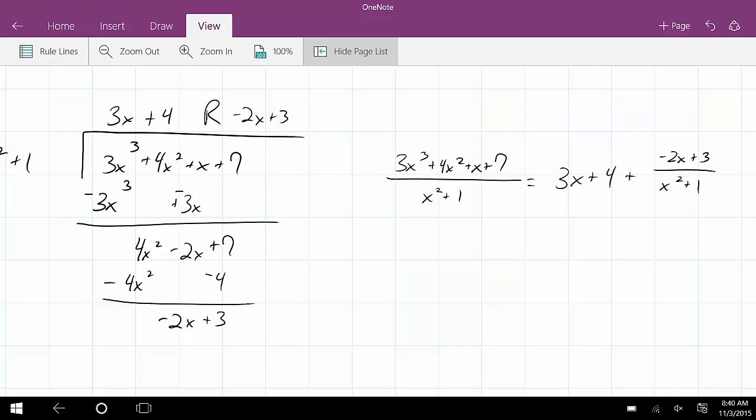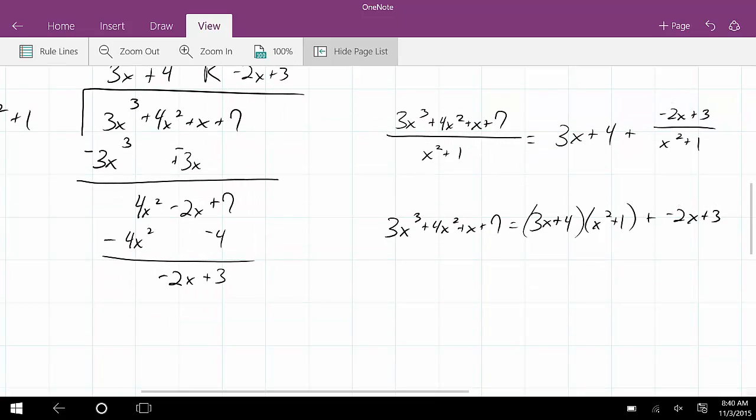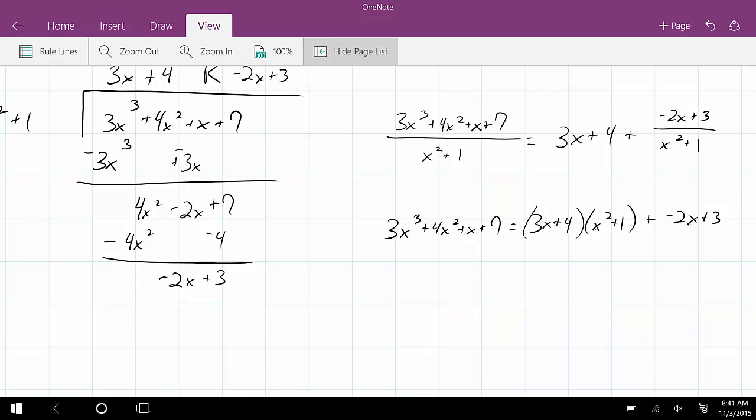Now, alternatively, you could also say that 3x cubed plus 4x squared plus x plus 7, which is the dividend, is equal to the quotient, which is 3x plus 4, times the divisor, which was x squared plus 1, plus the remainder, which is negative 2x plus 3. Okay? So this is an alternative way that you can say it.